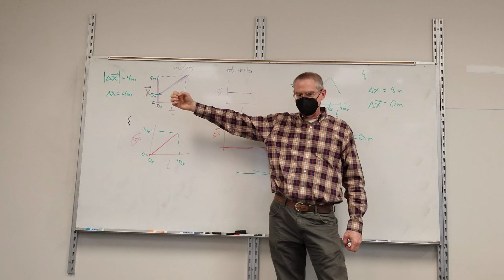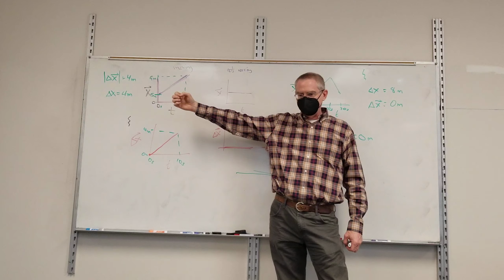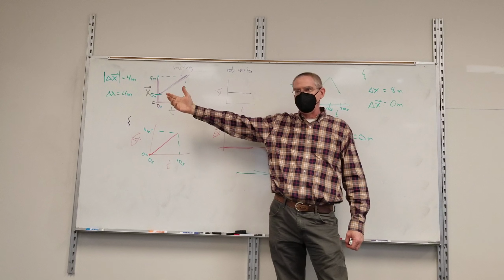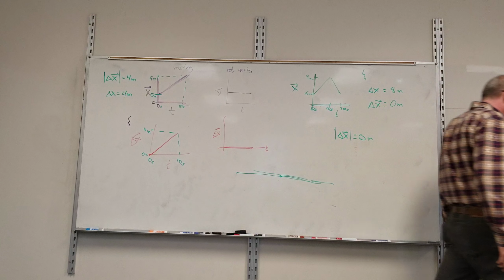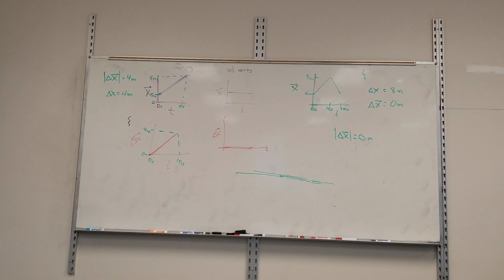Okay. But if you start at some place and you move, all right, so I start here, I'm going to take 3 steps this way. What is the distance traveled? I heard 3 steps.